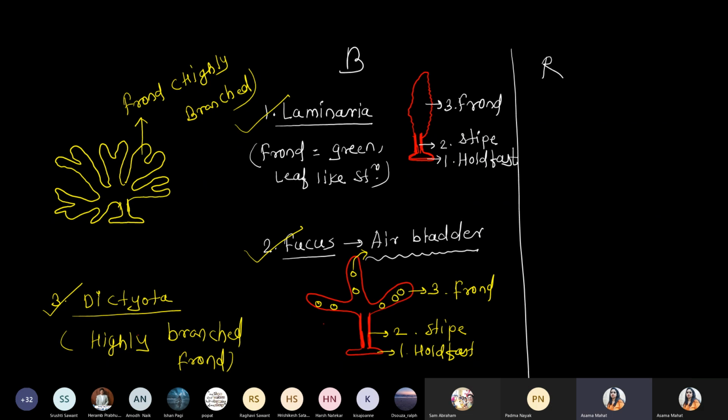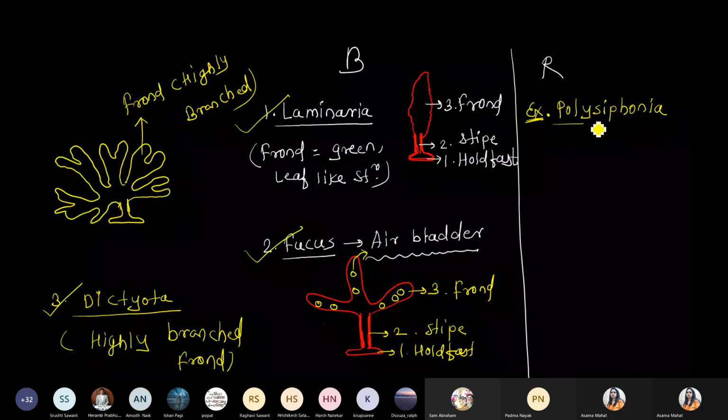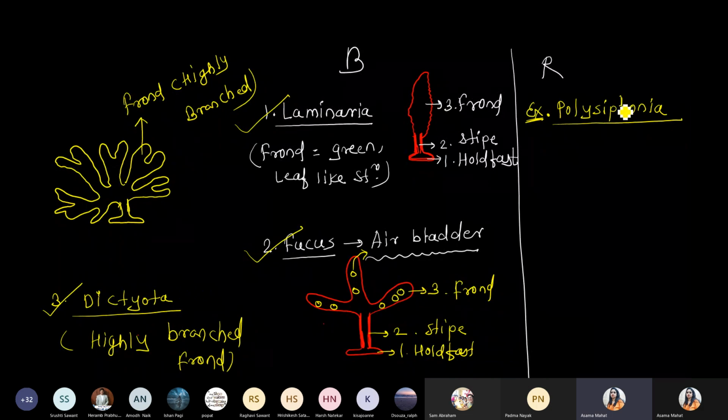Just to complete the diagram, I'll wait for some time. Meanwhile, I'll draw one structure for the red algae. Here we are taking one example, that is Polysiphonia, for the red algae. Polysiphonia's characteristic feature is that it has a branched structure. Branched means multicellular.